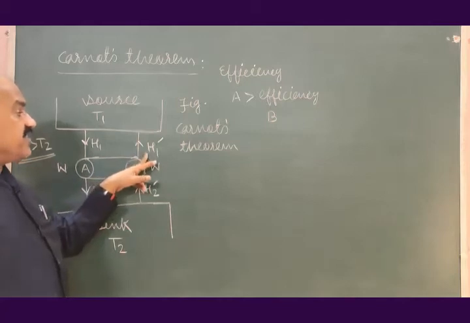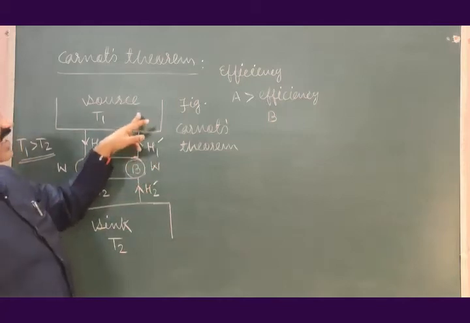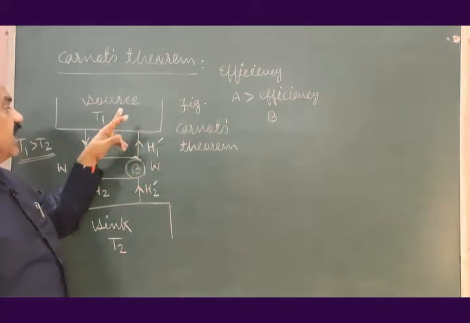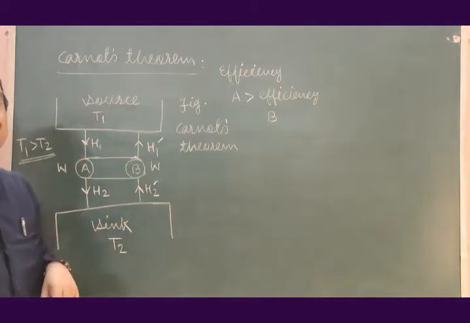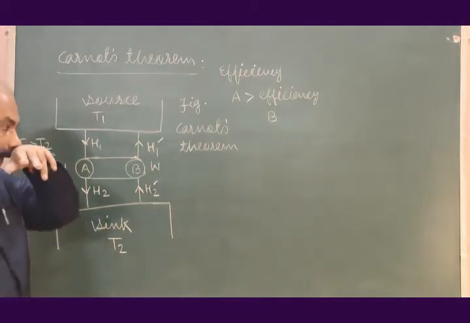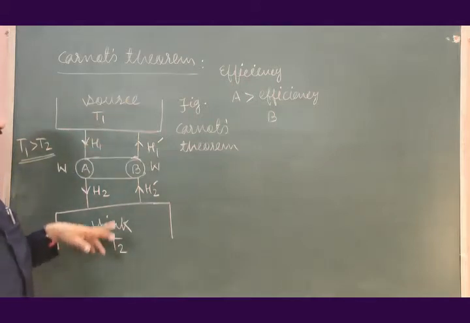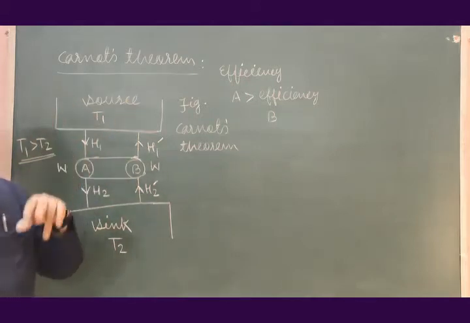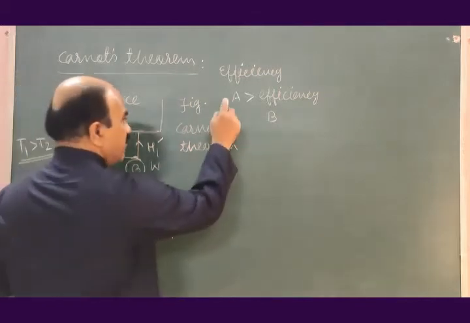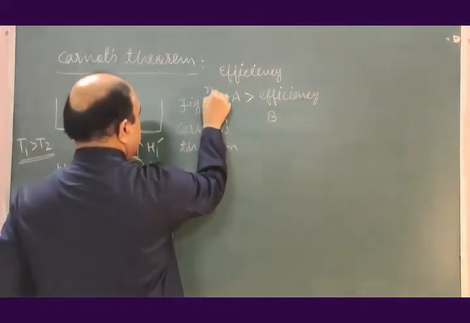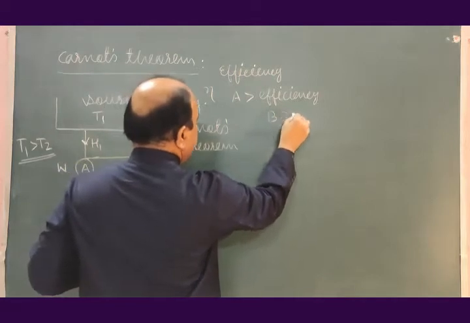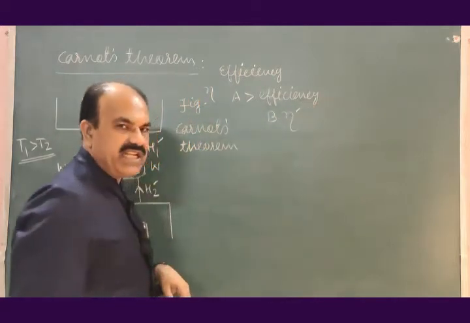Then heat energy H1 dash is rejected to the source at constant temperature T1. And according to our statement, efficiency of A is greater than efficiency of B. Let us suppose that efficiency of engine A is eta and efficiency of engine B is eta dash.